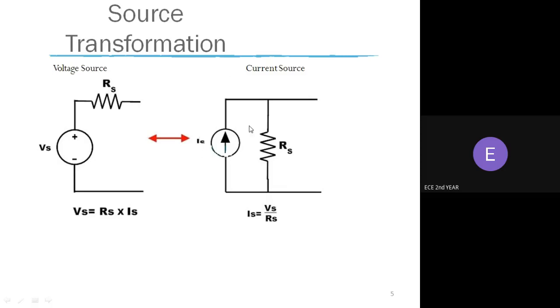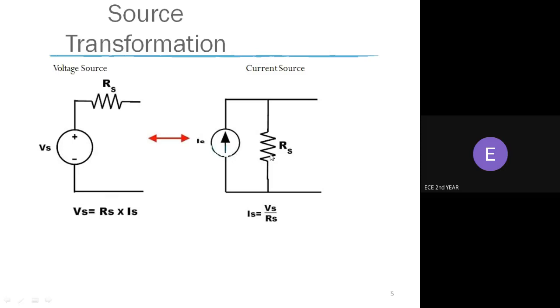The current flows in the upward direction, from minus to plus, and the series resistance will be converted into a parallel resistance. The value of the current source can be calculated by the formula Is is equal to the voltage source value Vs divided by the series resistance Rs. Then the current source can also be reconverted into the voltage source.